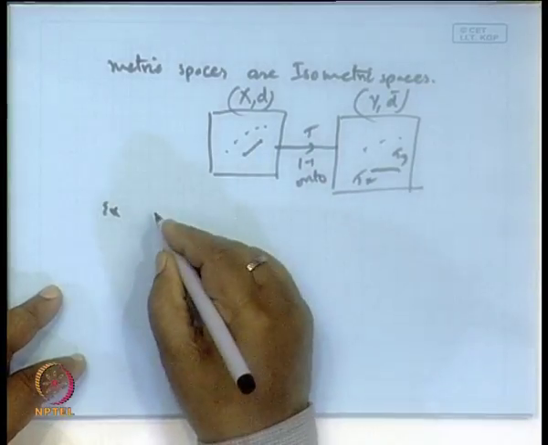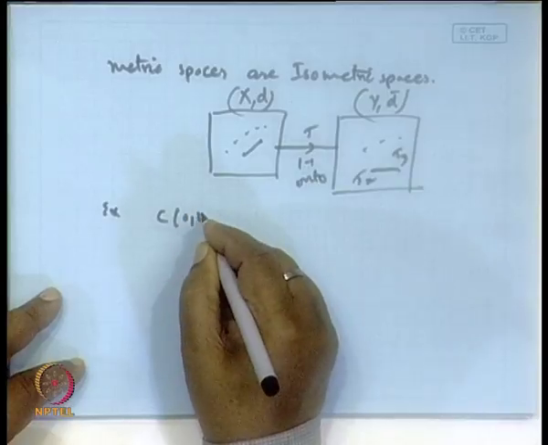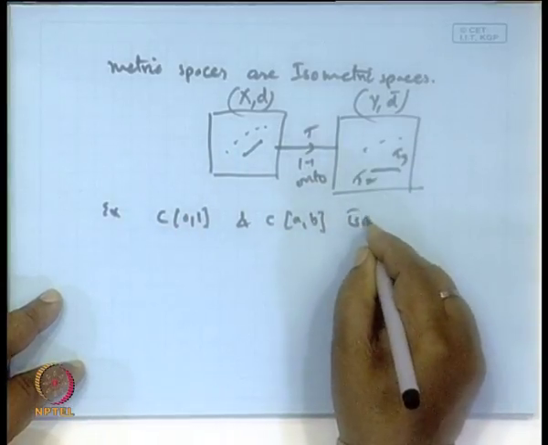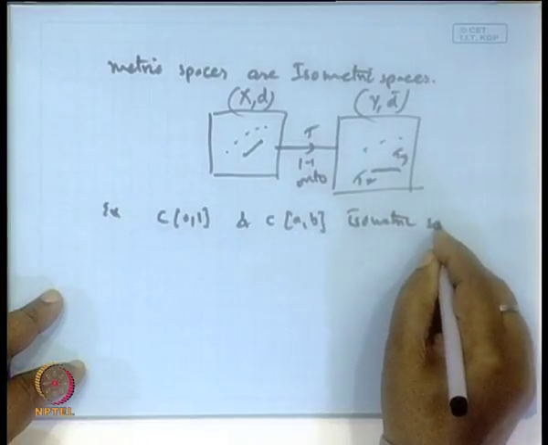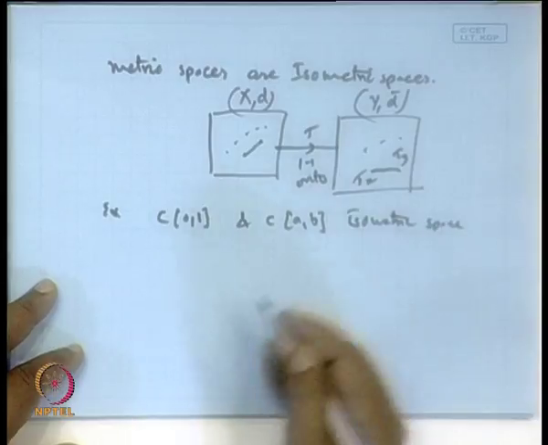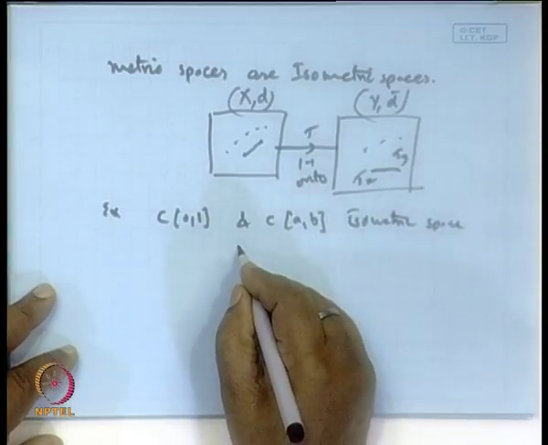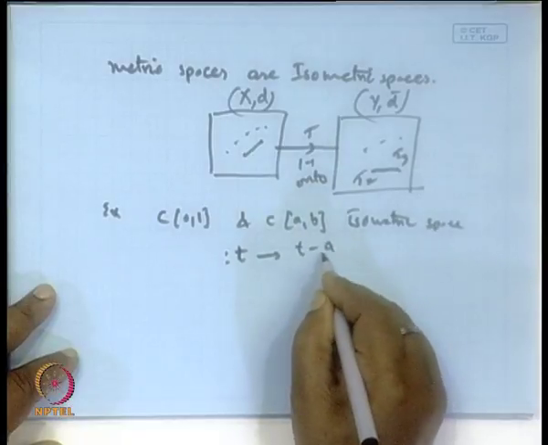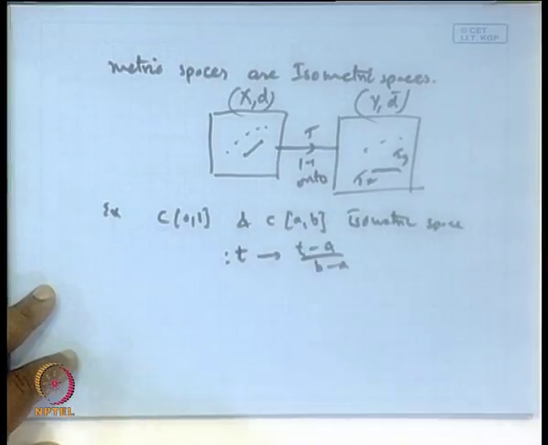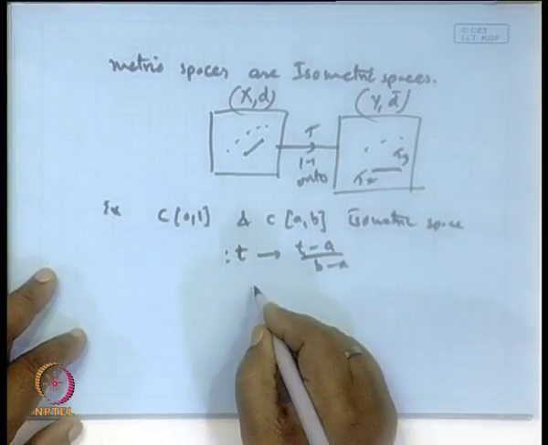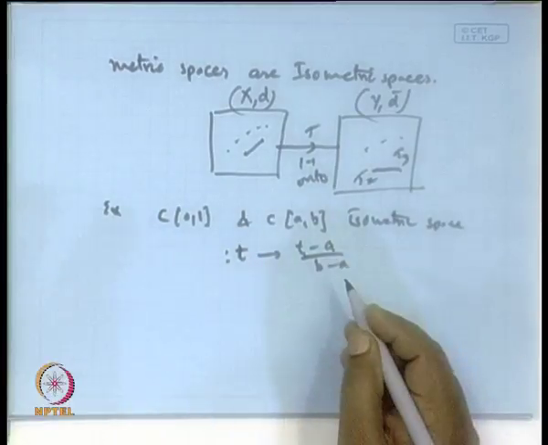Now, as an example, C[0,1] and C[a,b] are isometric spaces. You can define the mapping T: t goes to (t minus a) over (b minus a). So, a is transferred to 0 and b to 1.